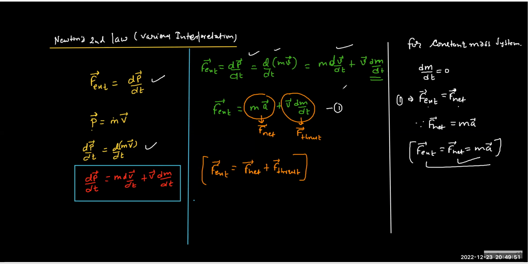These are all the valid ways of writing. What is not Newton's second law? Always remember, if someone asks you, is this Newton's second law? What is the answer? No. So now you need to remember this fact.